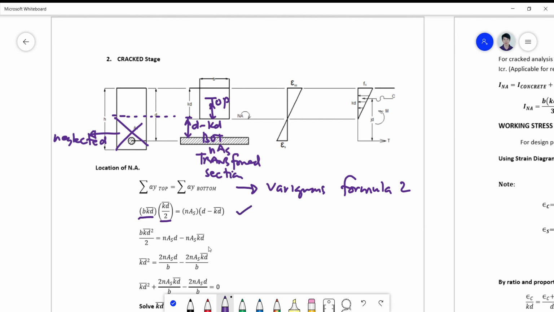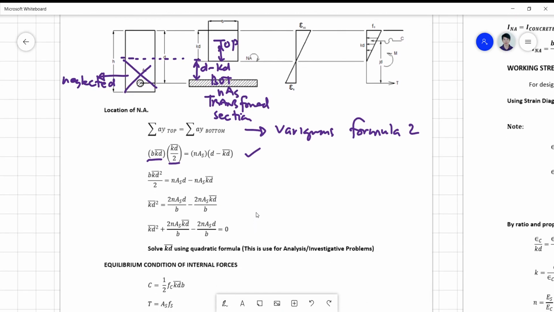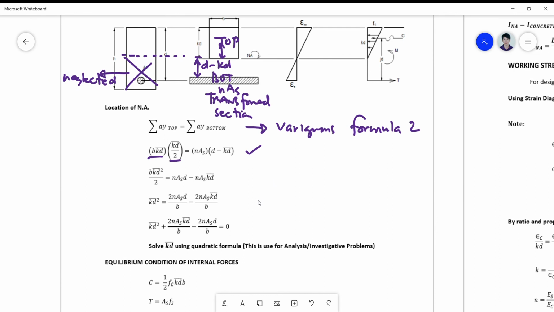So if you manipulate this by doing algebra, we will arrive at a quadratic equation to solve for kd. So this is b(kd) squared over 2 equals nAs d minus nAs kd. Okay, this one you distribute there.